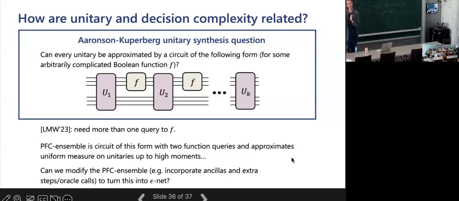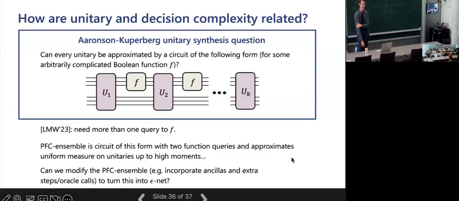But you don't want exponential inputs, because then you basically just tell the function which unitary you want. I think that you can do it. I hope that this PFC thing, because it does reduce to classical randomness, maybe gives us a starting point on this. This has been open since 2007 or something, so it's good motivation to try.